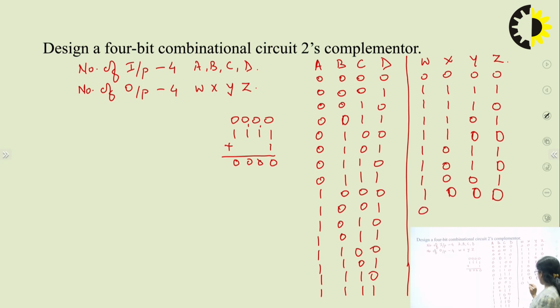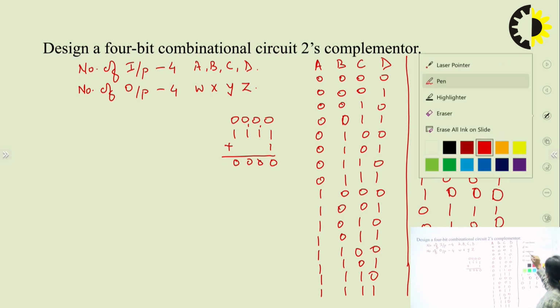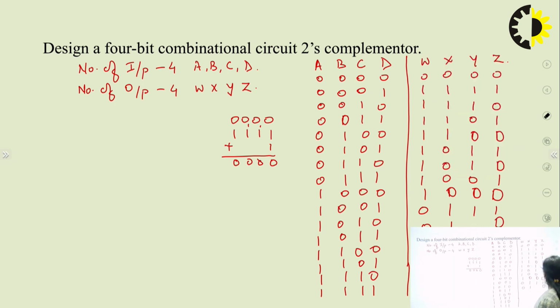It becomes 0110, and it will become 1010. So it becomes 0101, which becomes 1011. Zero, 1, 0, 0, 0, and 1. It becomes 0, 1, 0, 0.